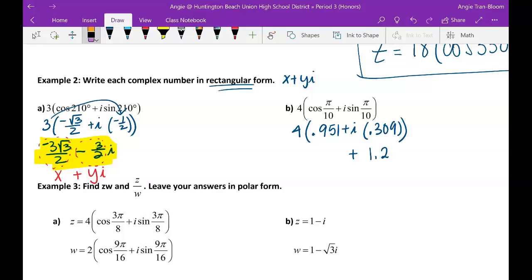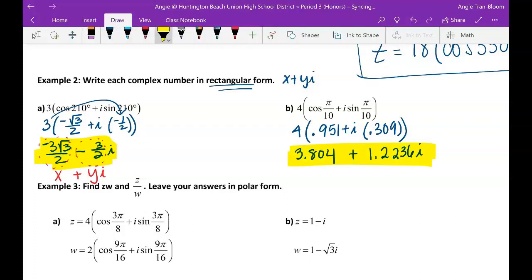Since I'm rounding to 3 decimal places, I'm going to keep it consistent, so that's 1.236i. Then I'm going to multiply 4 to my cosine of pi divided by 10. This is going to give me 3.804. So that's your x plus yi, and that's the final answer.